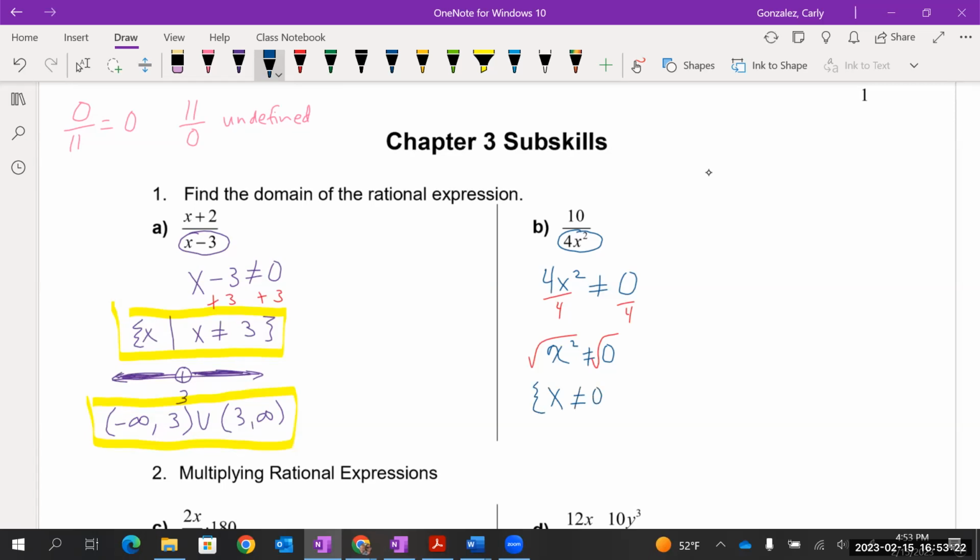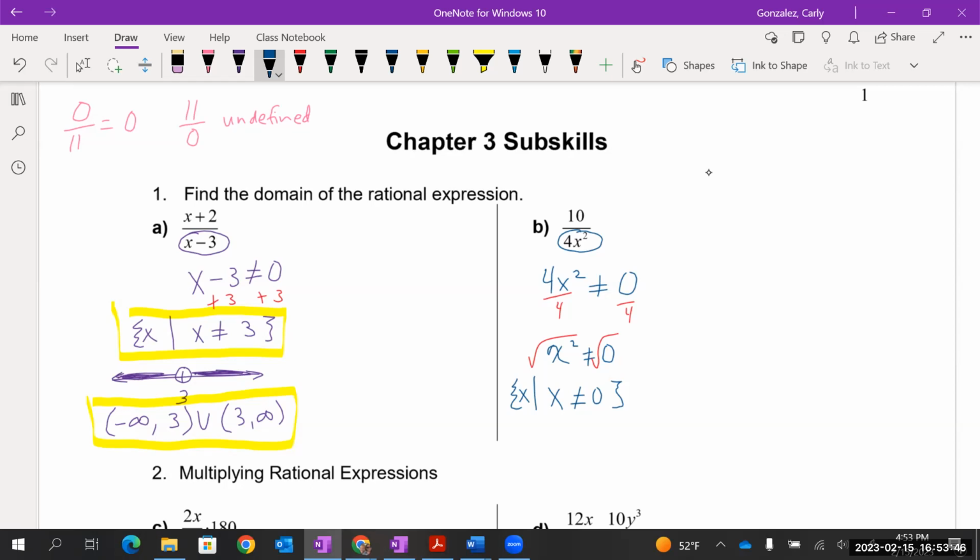So again, we can write this in set builder notation. We do curly brackets with the x, a vertical line, and then the expression x cannot equal 0. And that is read all real numbers x such that x does not equal 0.